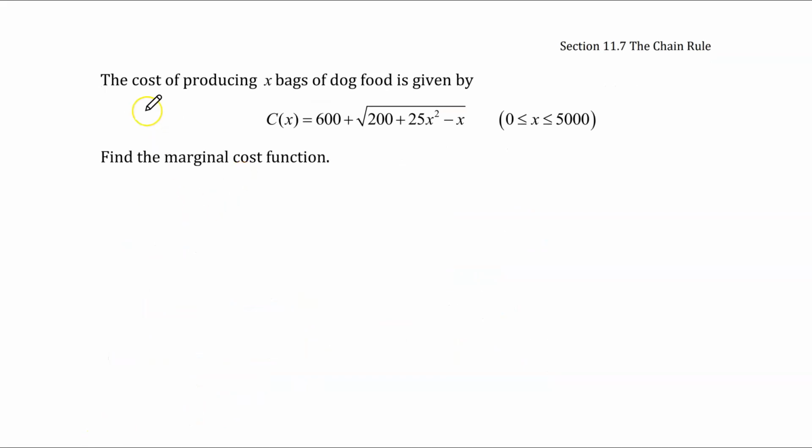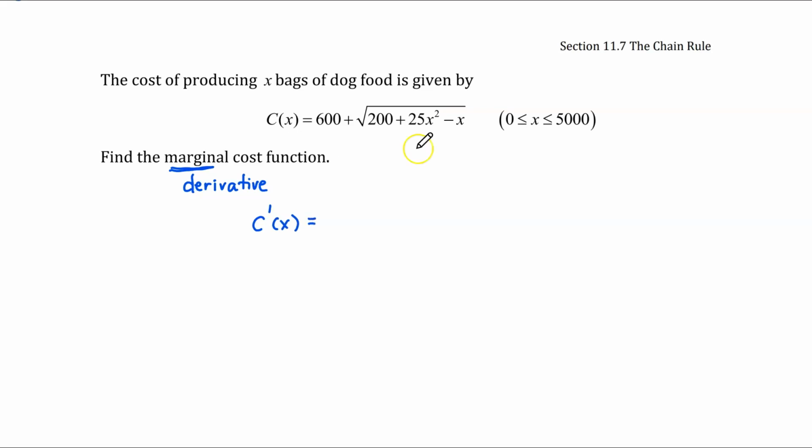Another example. The cost of producing x bags of dog food is given by the expression here. Find the marginal cost function. When you see the word marginal, that just means derivative. So we're looking for the derivative of the cost function. So that means you're looking for c prime of x.